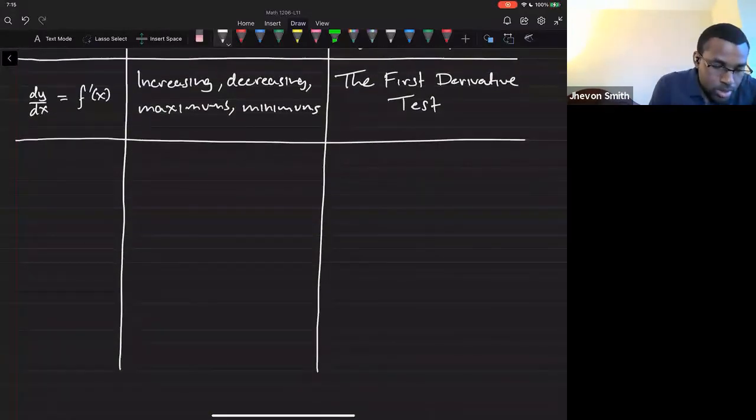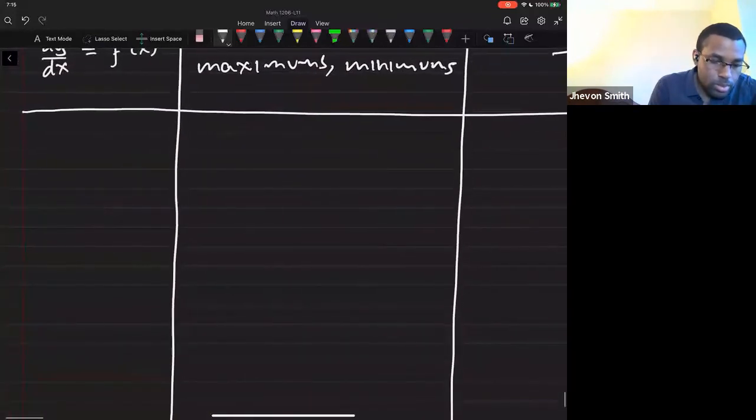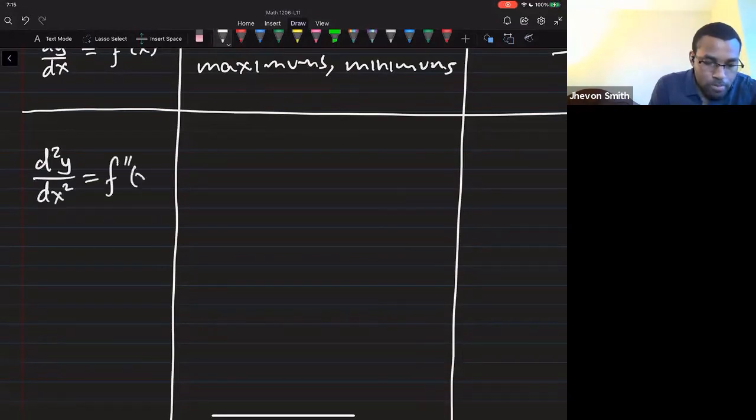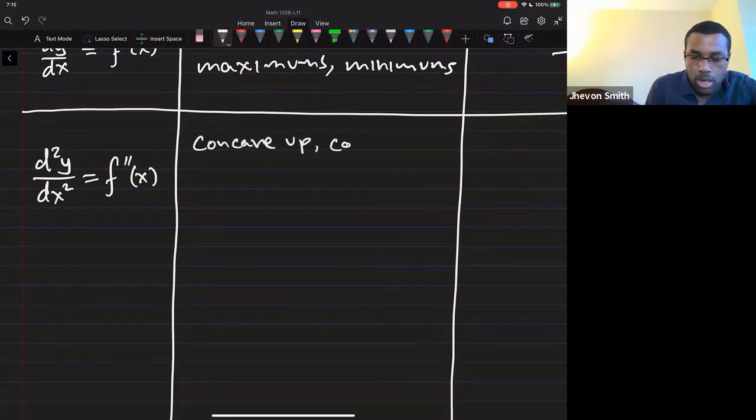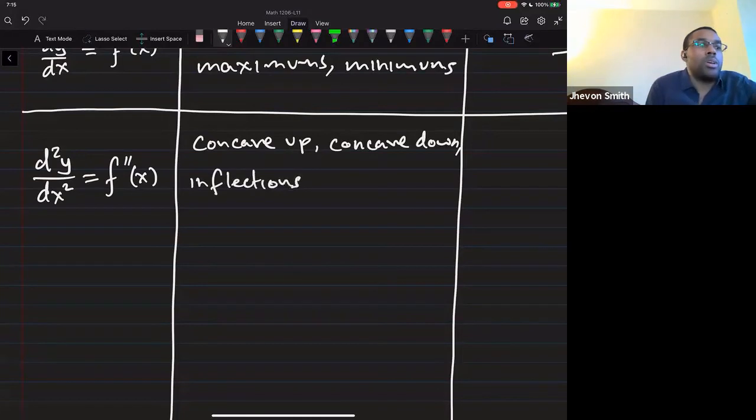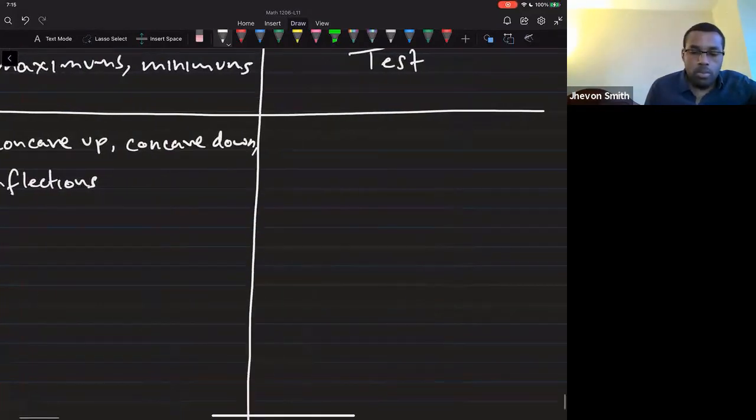The second derivative. So obviously this is d squared y dx squared. This is f double prime. What can this tell you about? Where a function is concave up, concave down, inflections. How does it tell you?